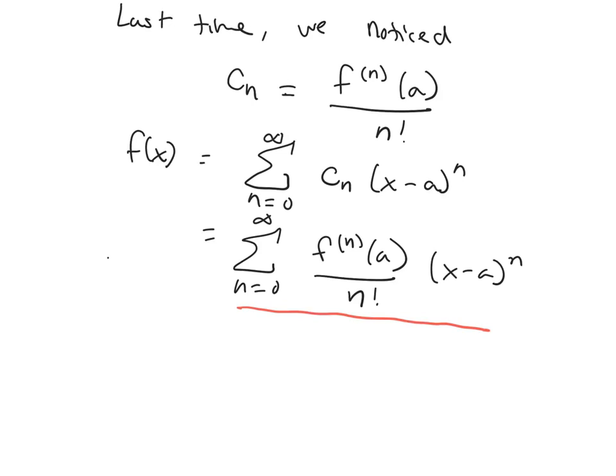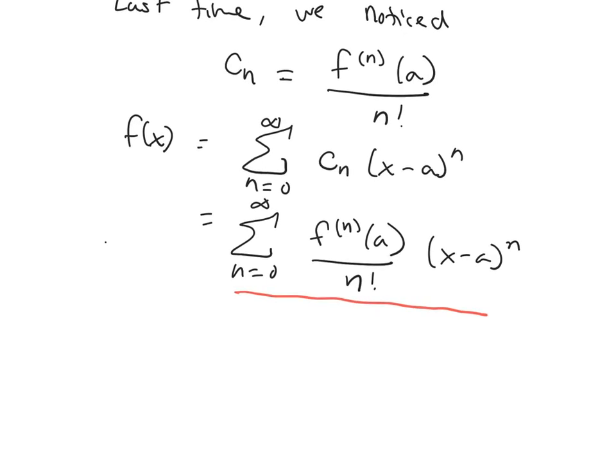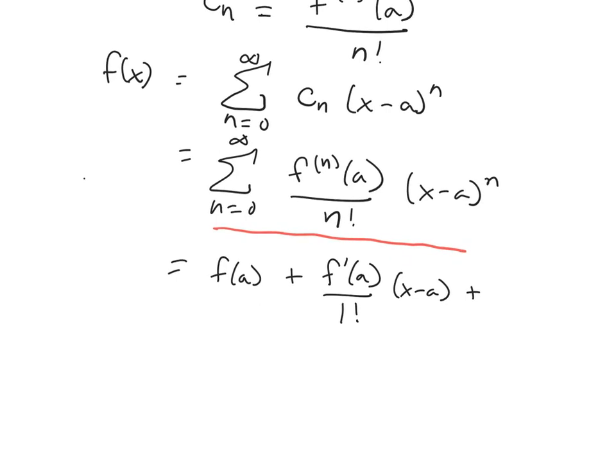And if you wanted to, let's write out a few of these terms so we can see what this power series looks like. Our constant term is f of a, plus f prime of a over 1 factorial times (x minus a), plus f double prime, plug in a, over 2 factorial times (x minus a) squared, and so forth.